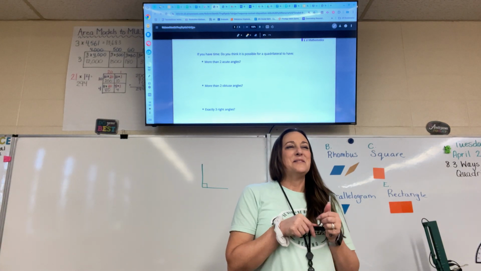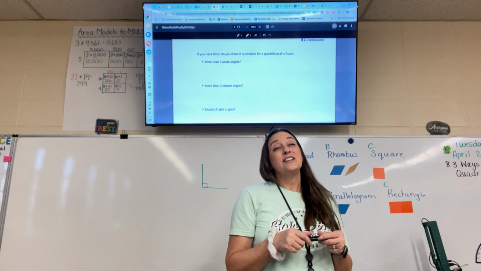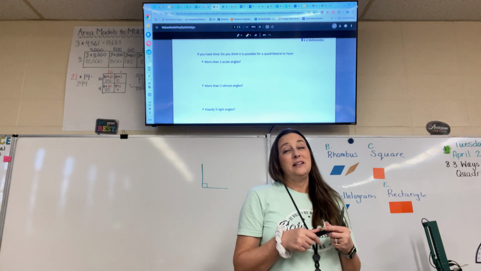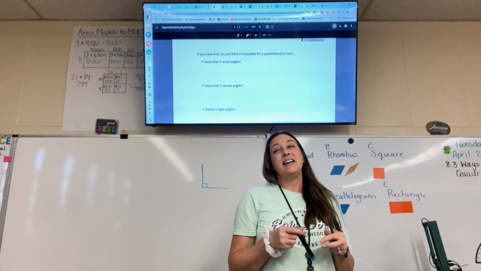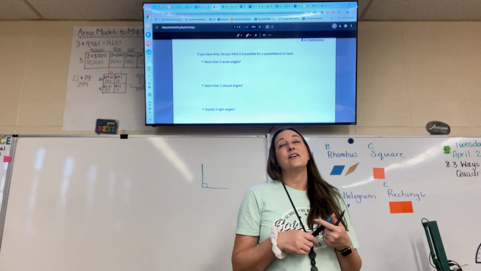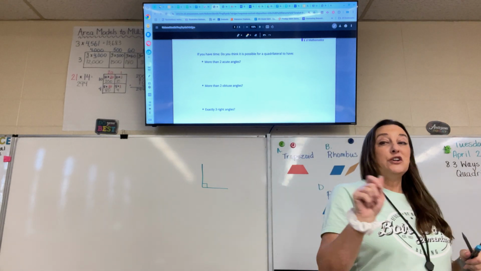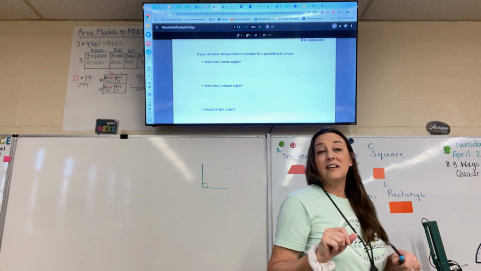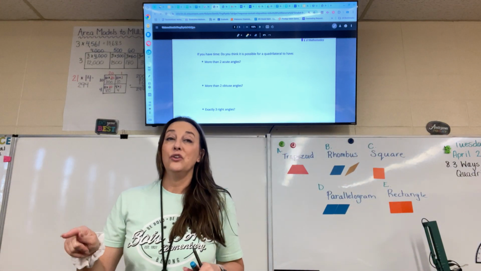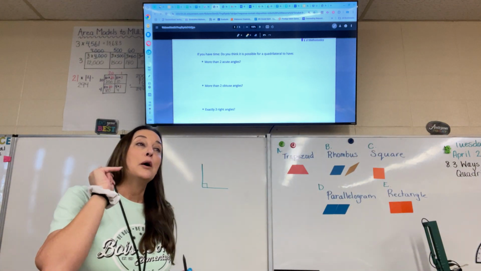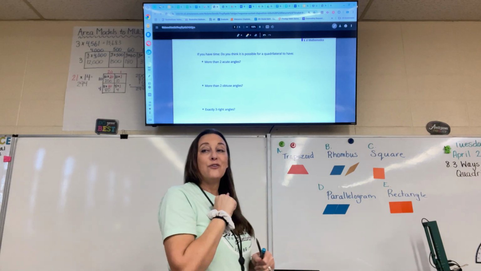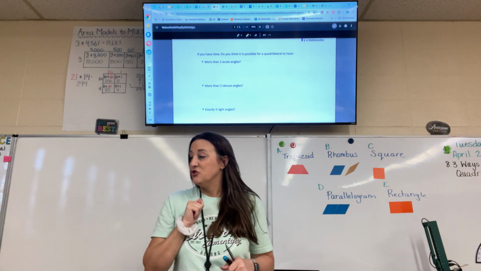Josiah, what do you think? That's initially what I said too. Does anybody have an idea? If you think yes, I want you to try to draw what a quadrilateral with more than two acute angles would look like. Did you draw one? Yeah.